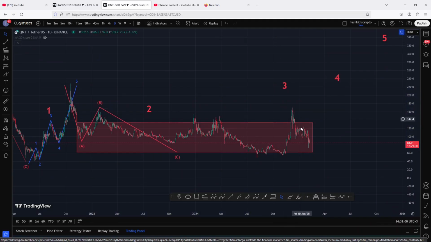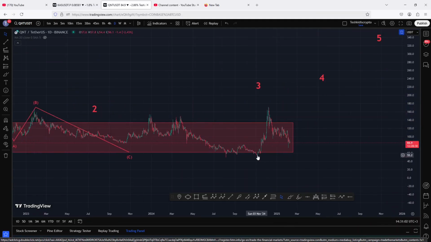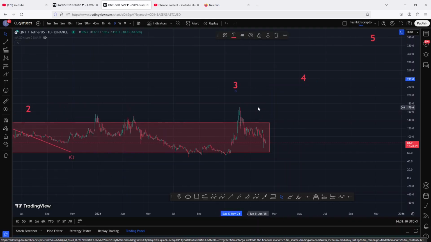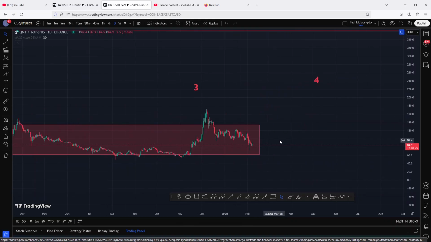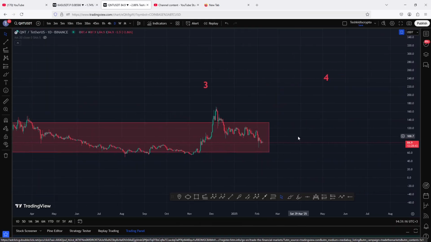And since there are high chances that from the lows we made on the 4th of November, whatever is playing out is the start of an impulse in the formation of this wave 3, and because of the impulsive nature in the formation of those wave 3s, we also expect to see a 5-wave structure within the formation of that wave 3.